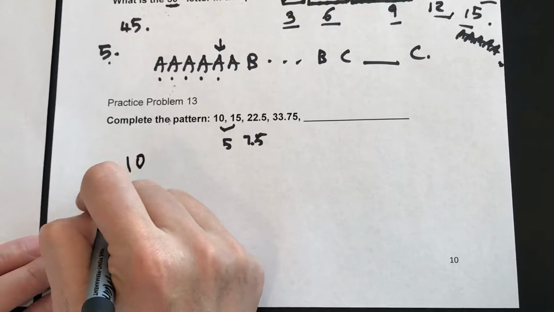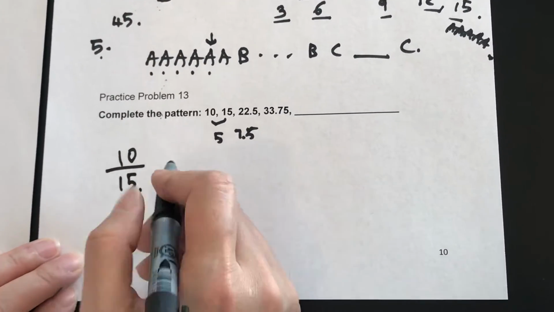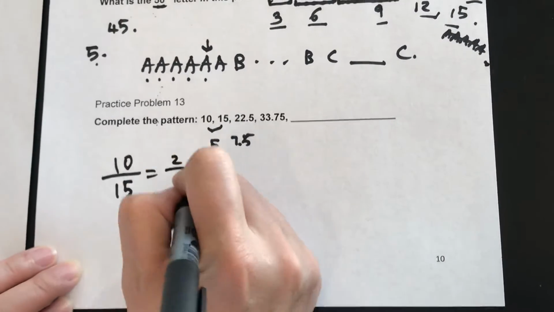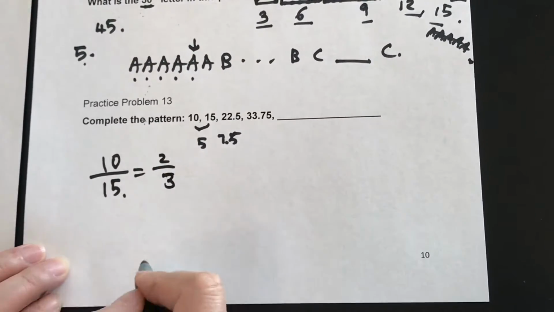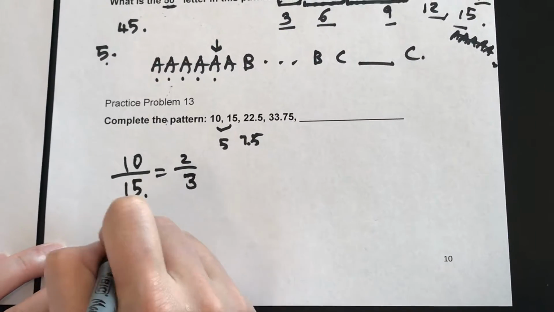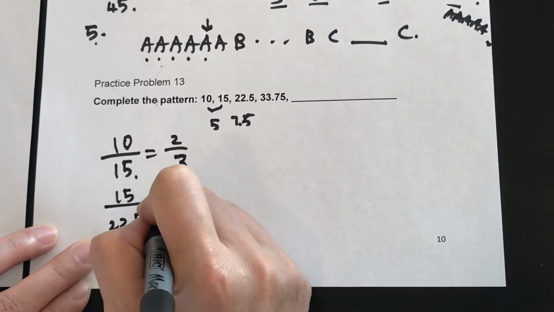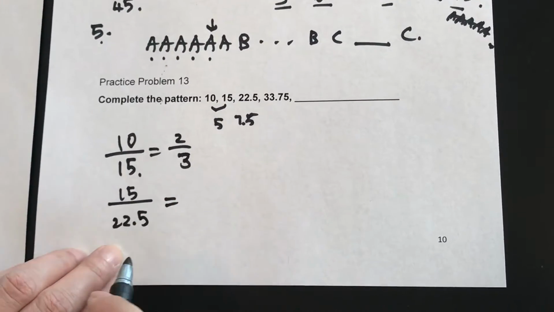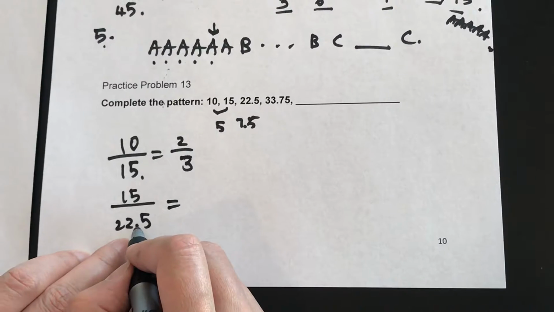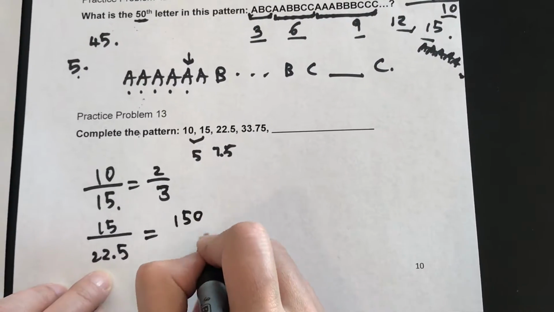So we have 10/15. Let's try it out. 10/15 would give you 2/3. And then we do 15/22.5. For the lower grades, if they have a problem with the decimal place, we can multiply by 10 in the numerator and denominator.